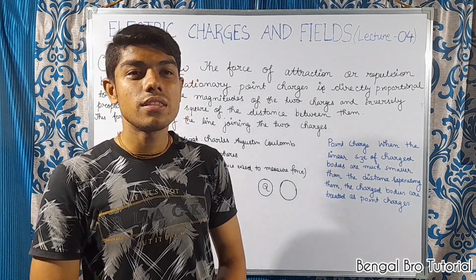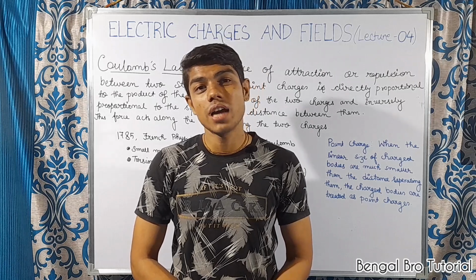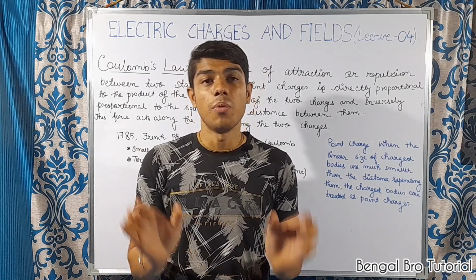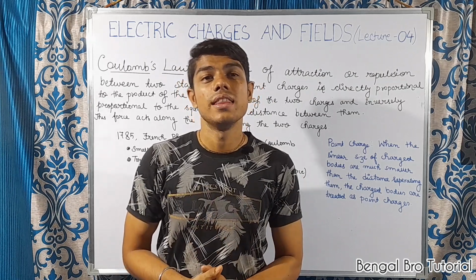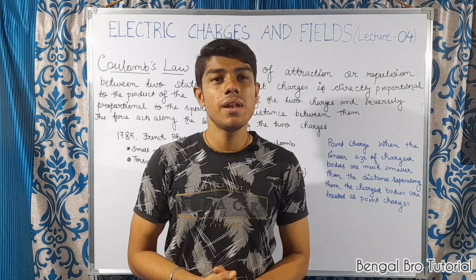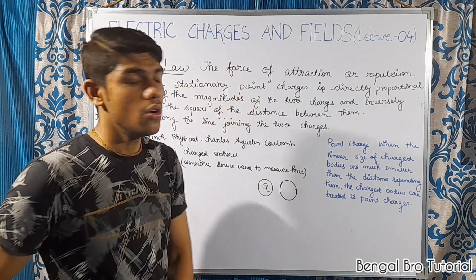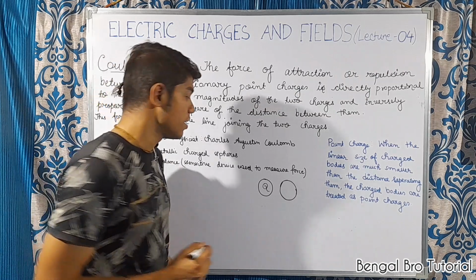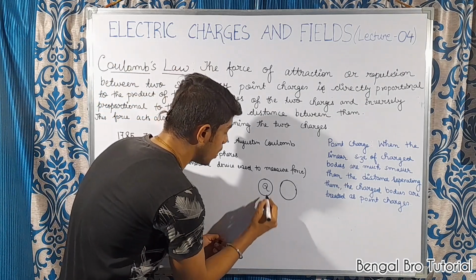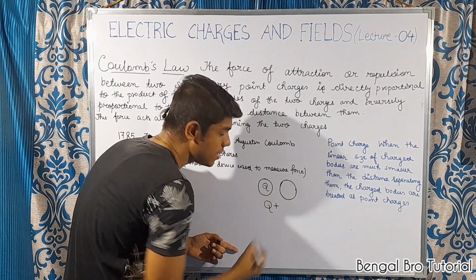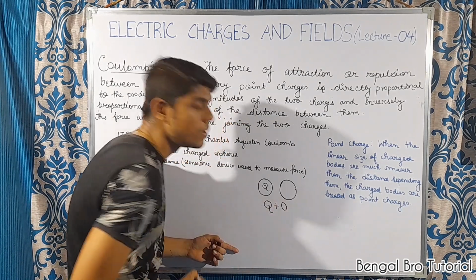Well, in the method of charging called conduction, we learned that when two conducting bodies are brought in contact with each other, then their total charge gets equally distributed in the two bodies. Similarly, in this case also, when the two metallic spheres were brought in contact with each other, the charge on one metallic sphere is equal to Q and the charge on the other metallic sphere is equal to 0, being uncharged.